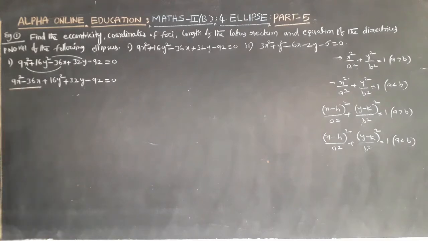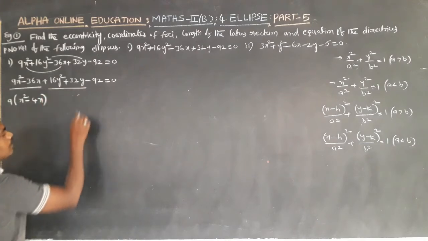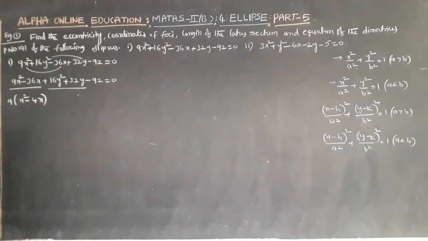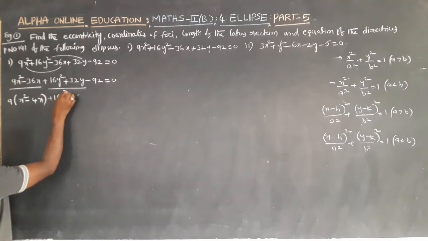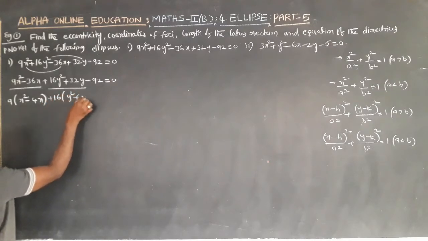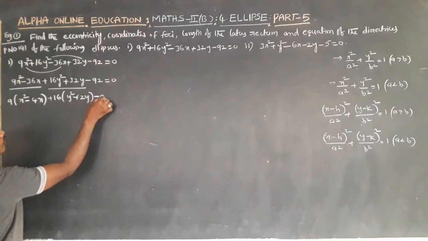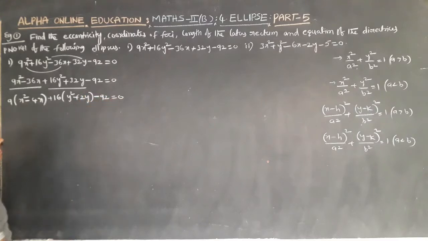Take common from the first two terms, only the constant: 9 common, 9 ones are 9, 9 fours are 36. Again take common from the y square and y terms, 16 common: y square plus 2y minus 92 is equal to 0.